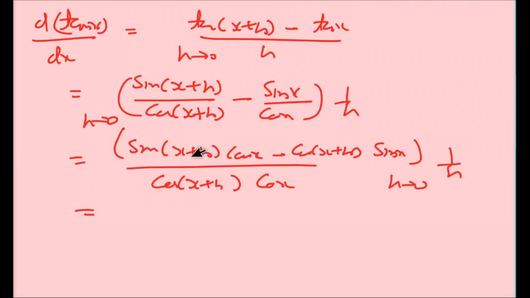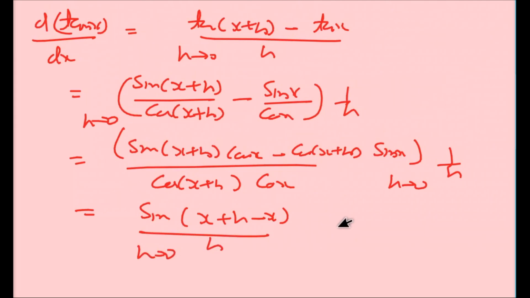Now sin a cos b minus cos a sin b, you know this trigonometry formula, sin(a minus b). Write here h, and we can write here cos(x plus h) upon h tends towards 0, and cos x also.